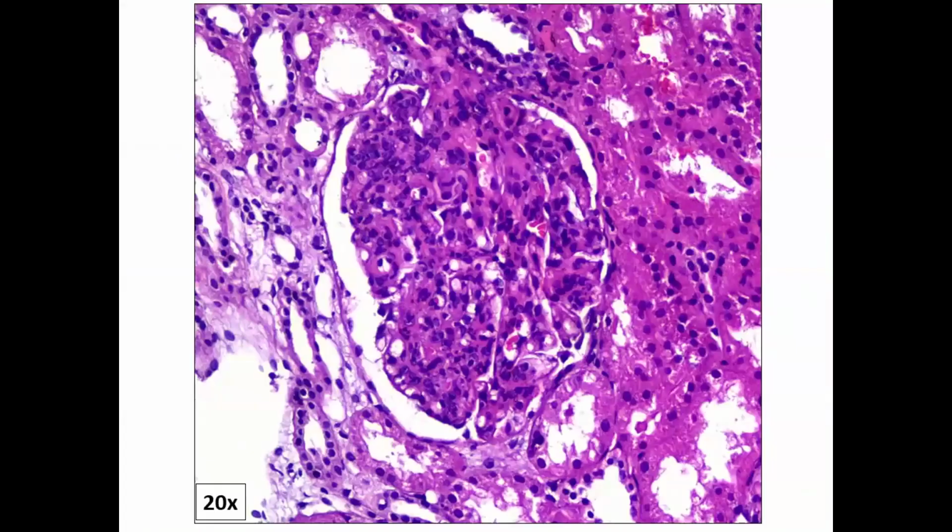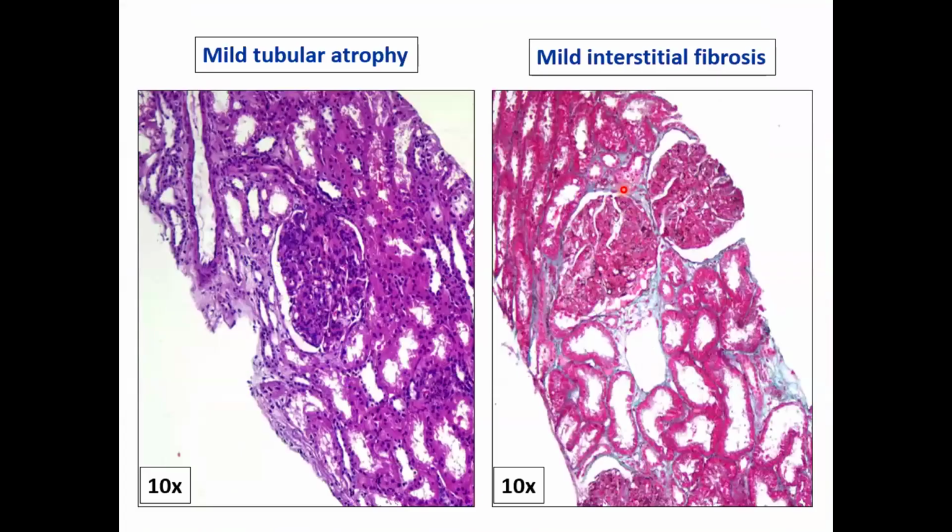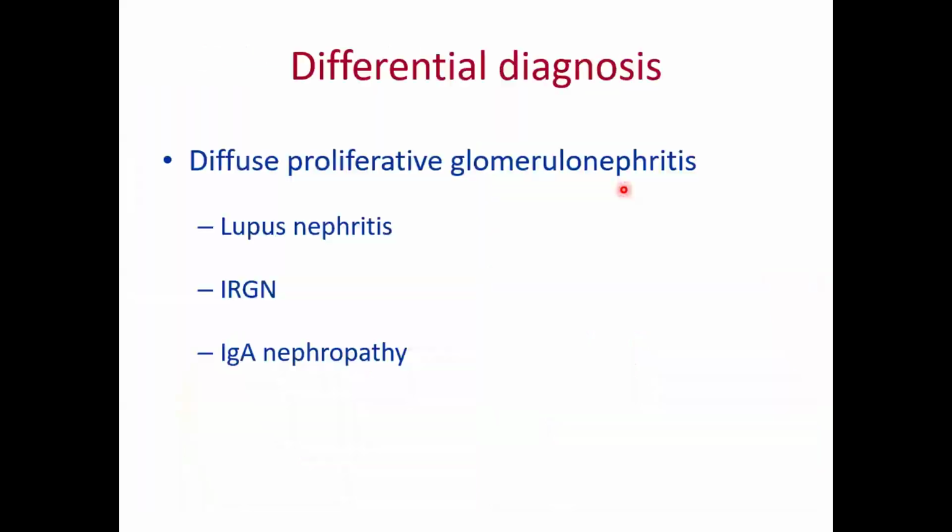Here you can see neutrophils as well. These are images of various glomeruli showing increased cellularity, and there was mild tubular atrophy and, in the trichrome stain, mild interstitial fibrosis.